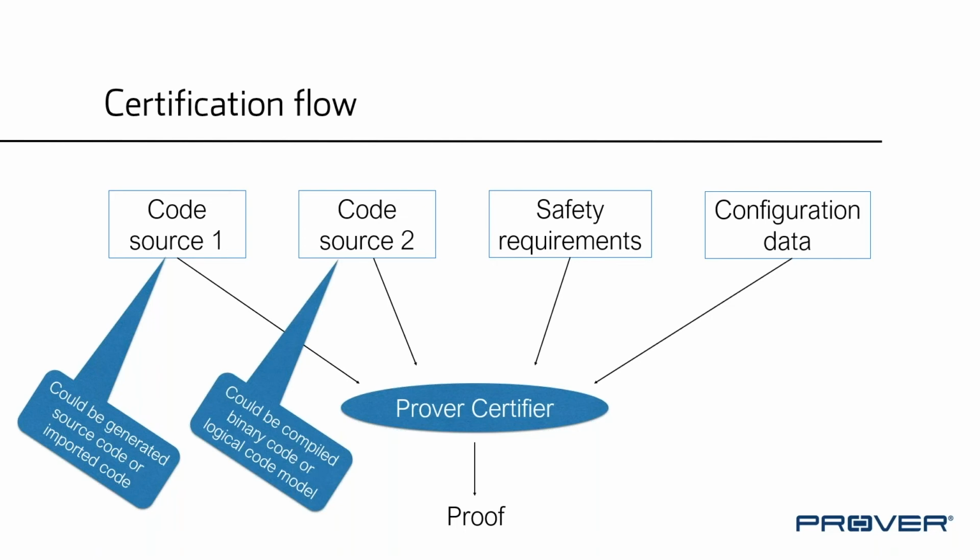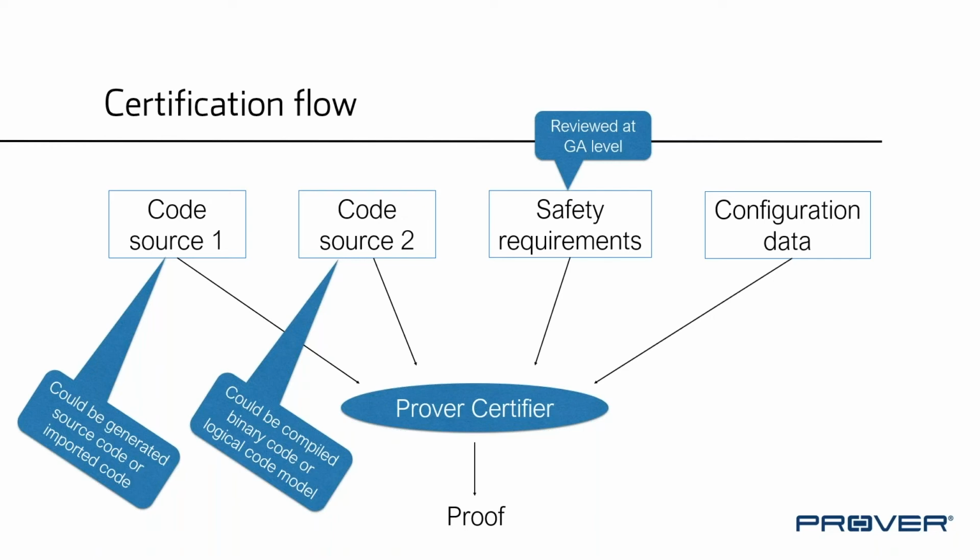The safety requirements are those that were briefly shown, that are written in HLL, and they are the same for each installation. So if you make, for example, a line of 10 or 20 stations, you have the same safety requirements for all of them, although the configuration data is different for each station.